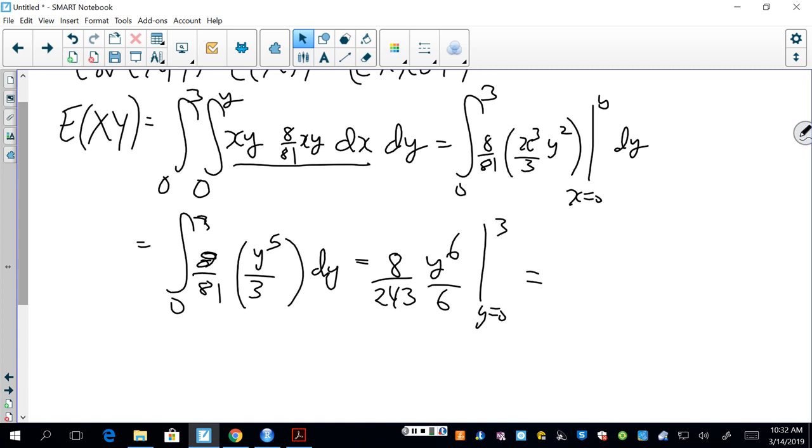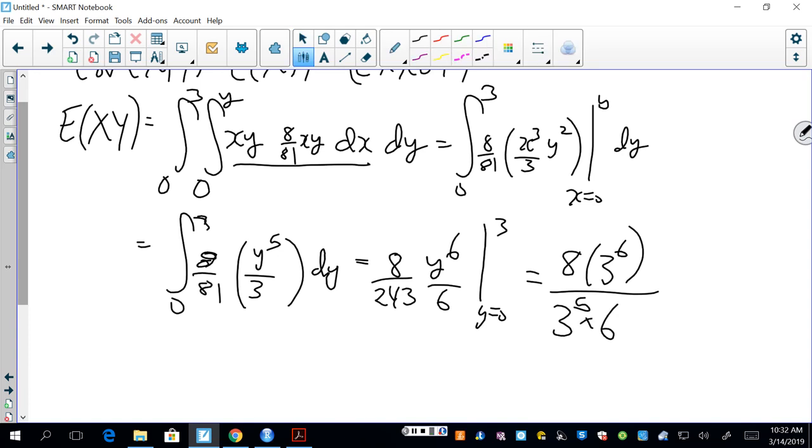This is 8, there's 3 to the 6th here, this one is actually 3 to the 5th, and this is 6. And so all the 3's cancel. It just ends up being 4, if you work it out. So the expectation of x times y is actually 4.